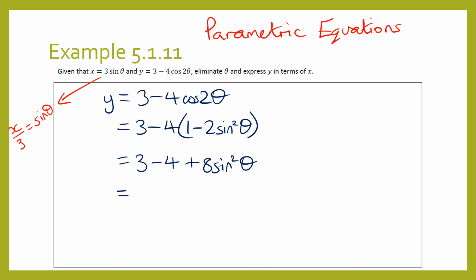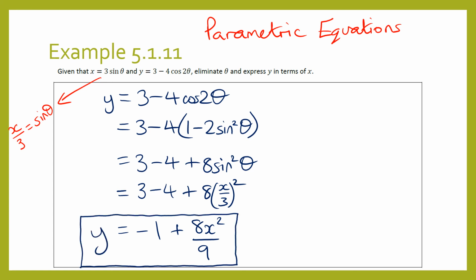So I've expanded the brackets, and now I'm going to replace sine theta with x over 3. And there we have it. We have expressed y in terms of x.